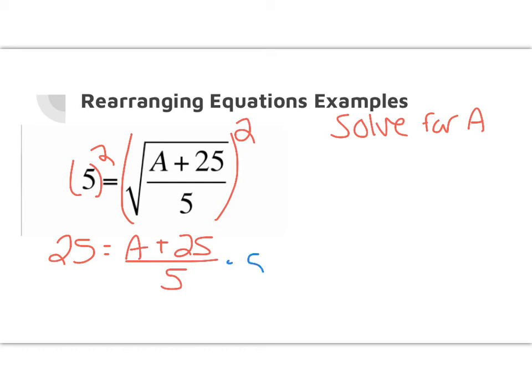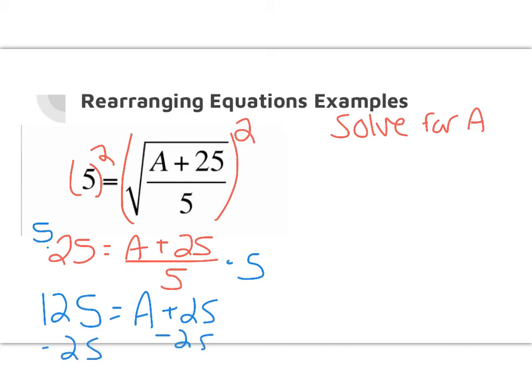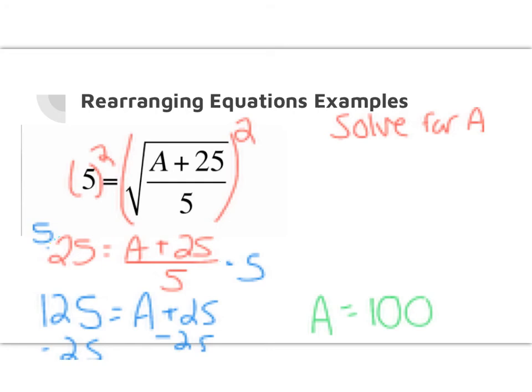So let's multiply by 5 on both sides. So now I'm going to get 125 equals A plus 25. My last one is addition and subtraction. Subtract 25 on both sides. So we are going to get that A equals 100. So this is rearranging equations with numbers. This is probably something you've done before in math class. Now let's apply it to just letters.